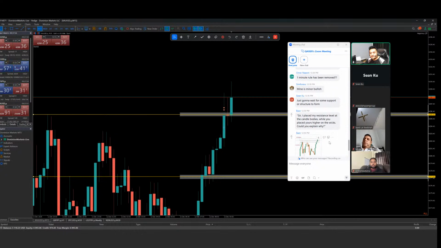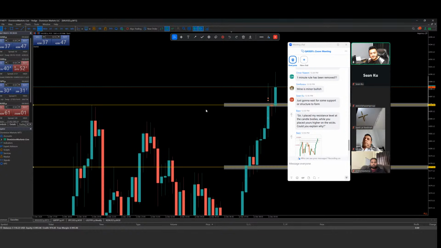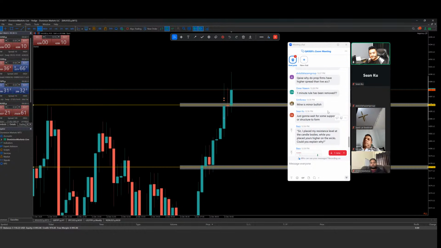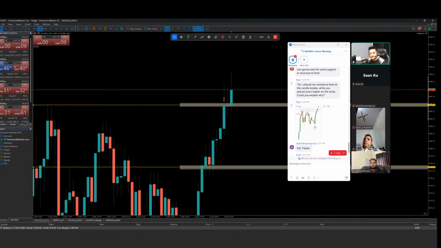So I place my resistance level at the candle bodies, while you place yours on the wicks. Could you explain why? Where? This one? Just send me the chart, Baz. Send me the chart where you placed it. You already sent me the chart.